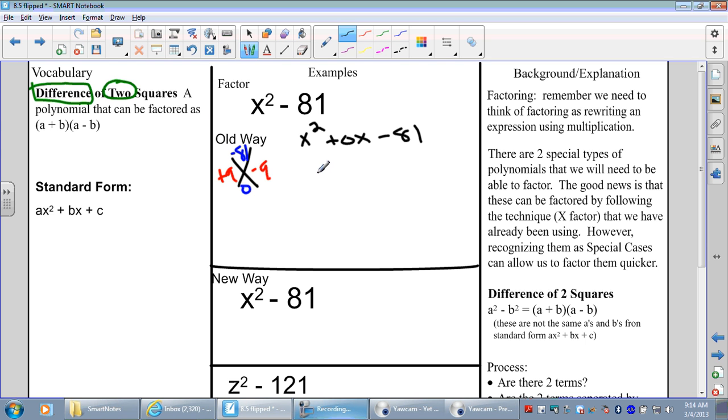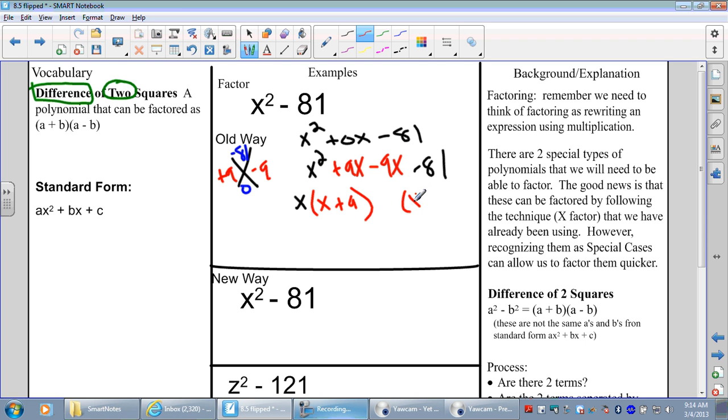And we could go the long route again. x squared plus 9x minus 9x minus 81. Factor by grouping because there are 4 terms. I can pull an x out of these two terms times x plus 9.